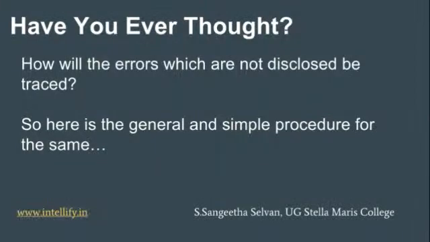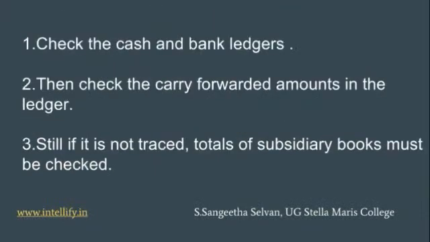Now, having seen the errors which are not disclosed, the interesting thing is how these errors which are not disclosed in the trial balance can be traced and found out. Here is the general and simple procedure for the same. First, they can check the cash and bank ledgers.